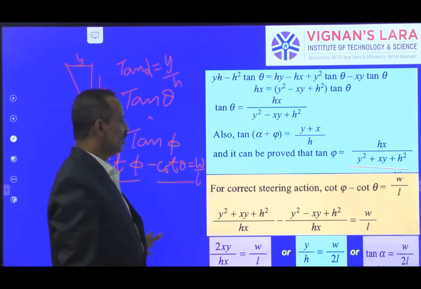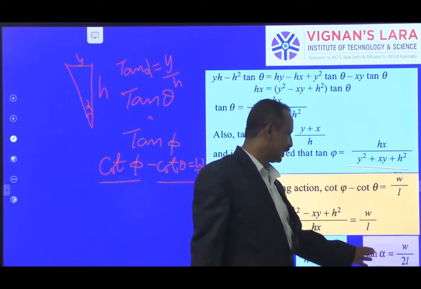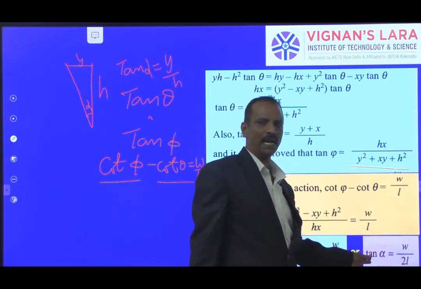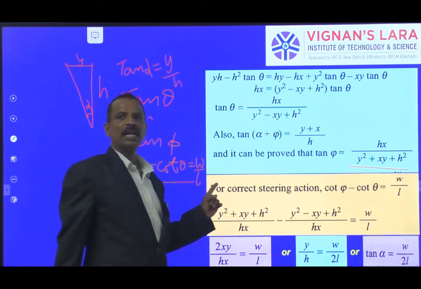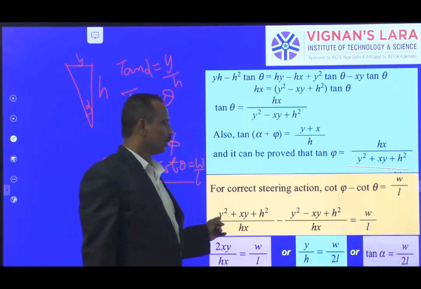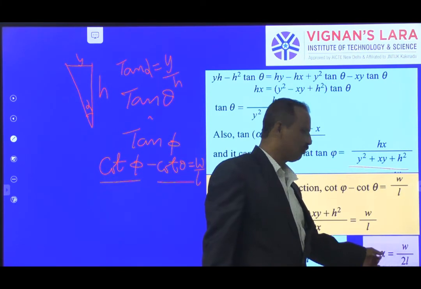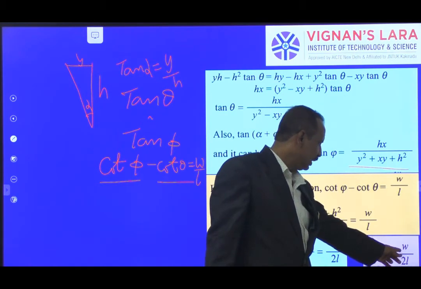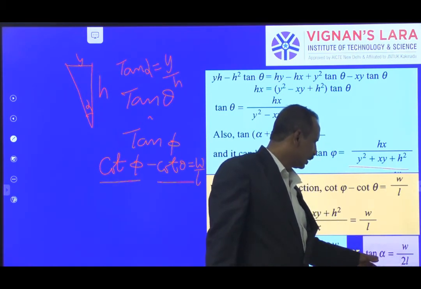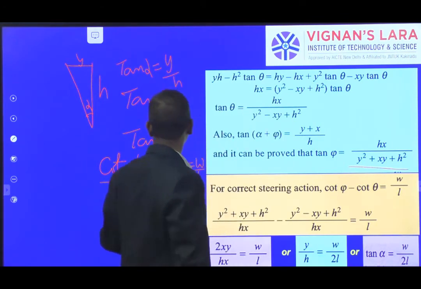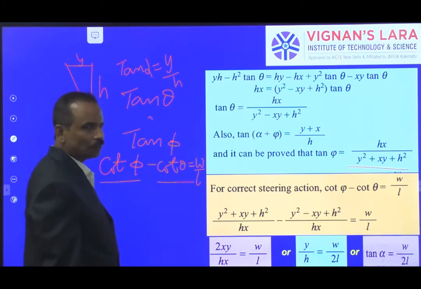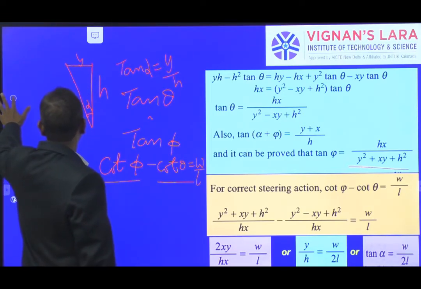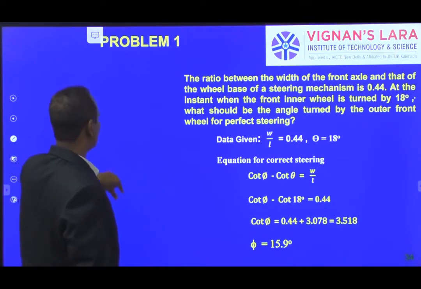Okay, so if you fulfill the condition of setting the w and L in such a way that w by 2L is equal to tan alpha, then it fulfills the Davis steering gear mechanism. So this value alpha is a function of w and L. If you select some w and L, that will give you automatically your alpha. That means you have to set your wheels to the stub axle with vertical with that angle alpha. Okay, so that is what the Davis steering gear mechanism is concerned.